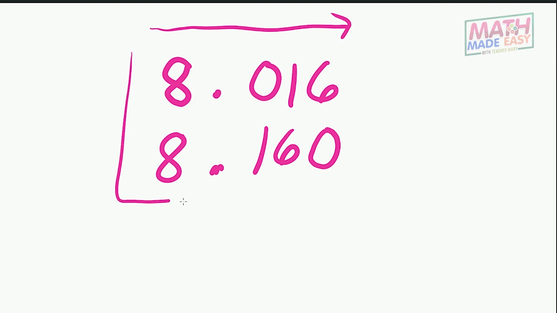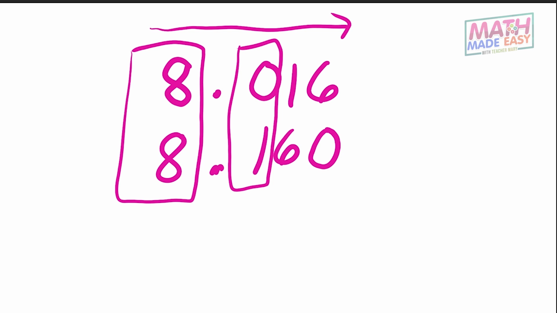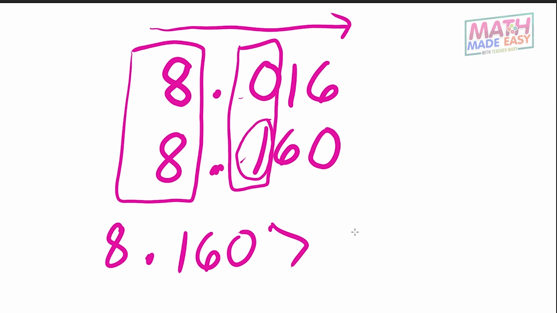We will compare place by place. Our whole numbers are the same. We will now go to the tenths place. We have a 0 here and a 1 here. Which is greater, a 0 or a 1? Yes, of course, 1 is greater than 0. It means to say that 8 and 16/100 is greater than 8 and 16/1000.